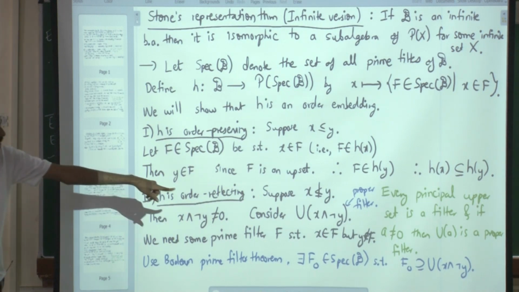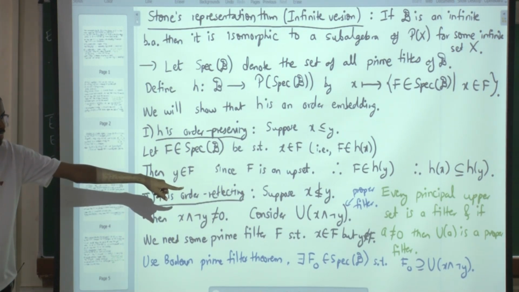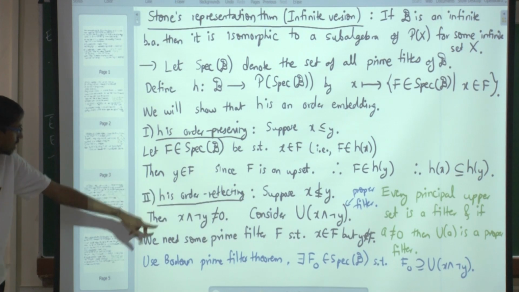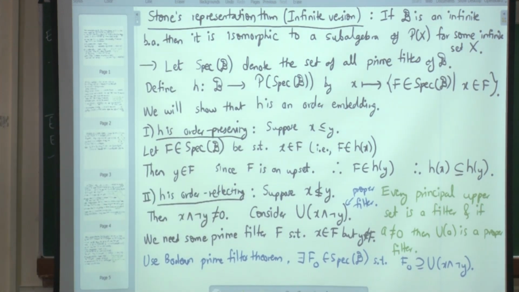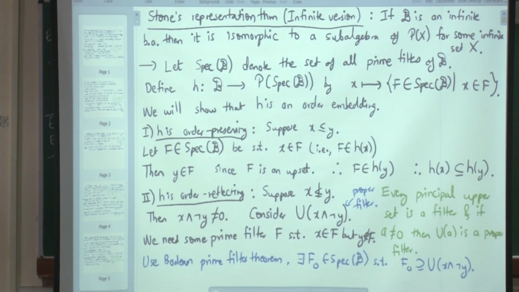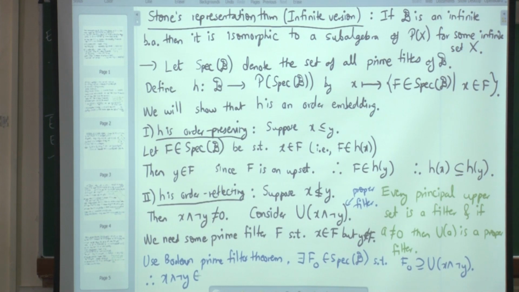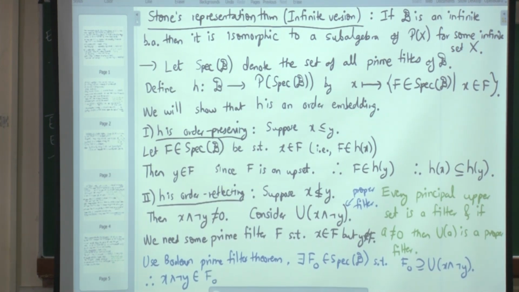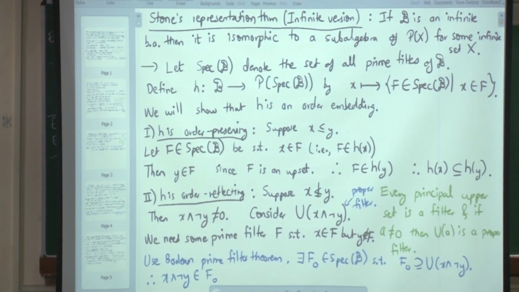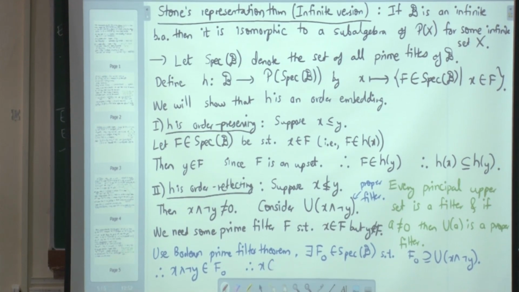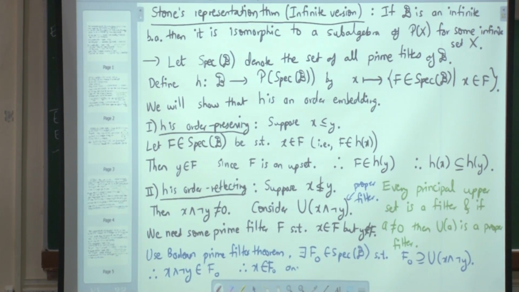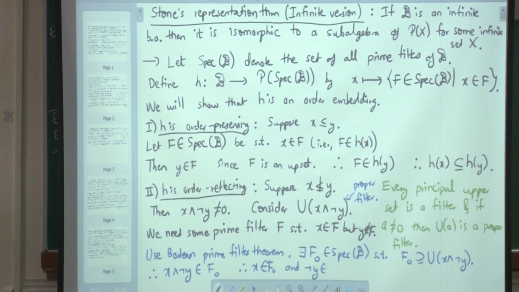By green property. Because X meet negation Y is non-zero, so therefore its upper set is a proper filter. So therefore, X meet negation Y belongs to F0. What can you conclude? Therefore, X belongs to F0 and negation Y belongs to F0.